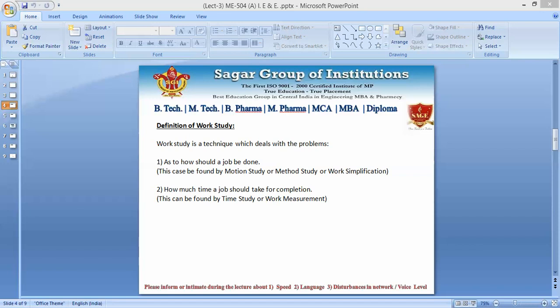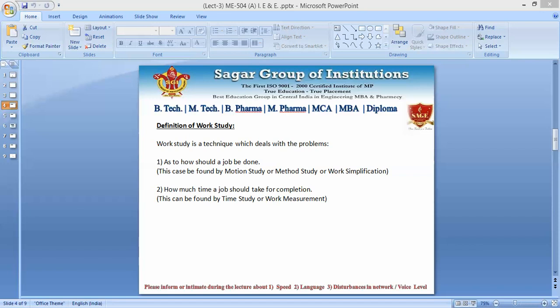So the design of an optimum work method and the standardization of the proposed work method is really required. Now, this is divided into two. As I told you in the previous lecture also, work study is divided into two. First one is motion study and another one is time study. Now, what is motion study? Motion study discusses, first thing, how a job is to be done.